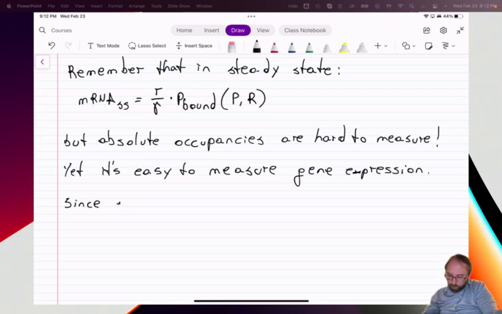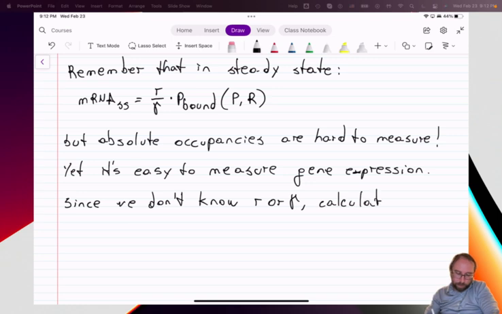Since we don't know R or gamma, we calculate a fold change. So what do I mean by this? Check it out.